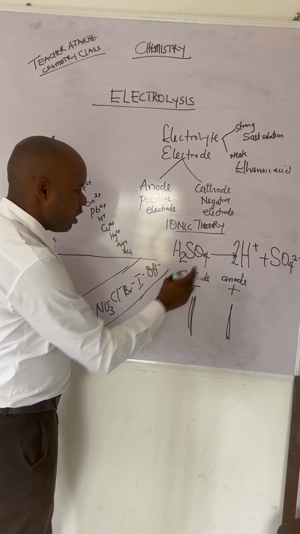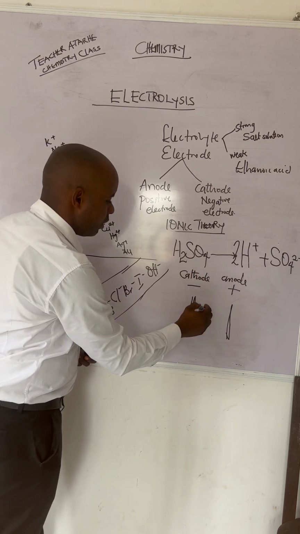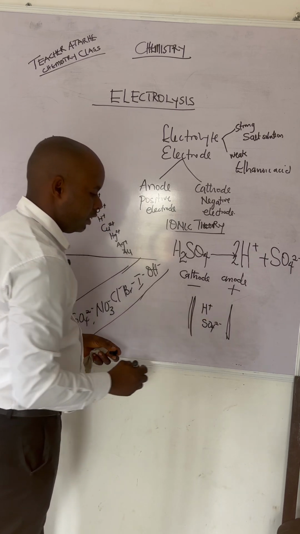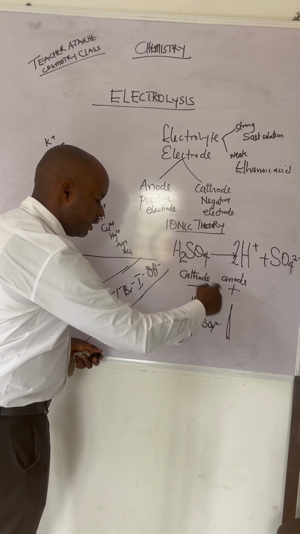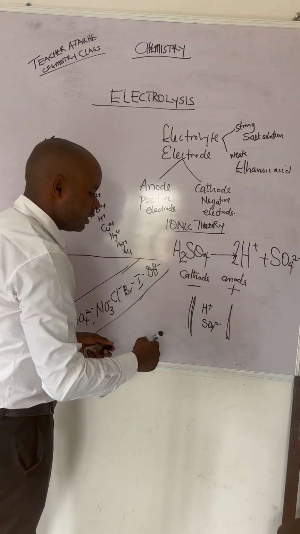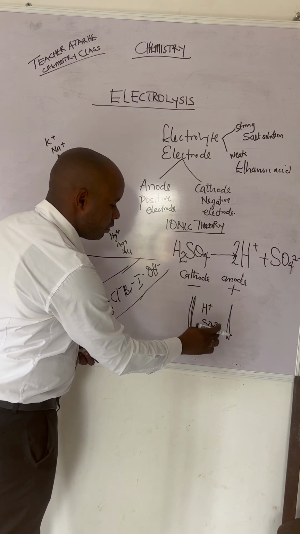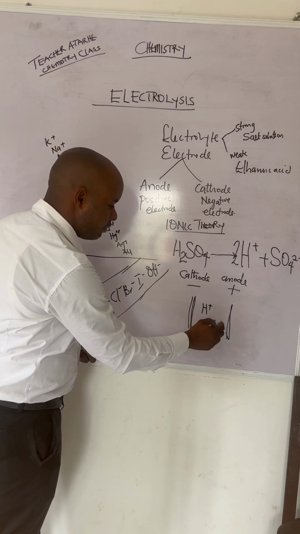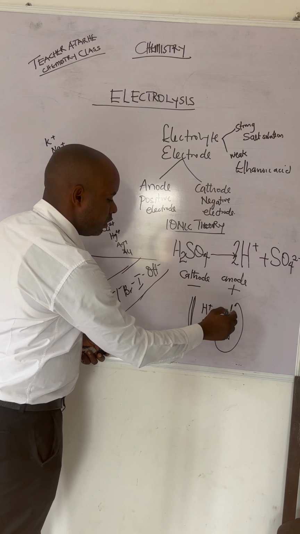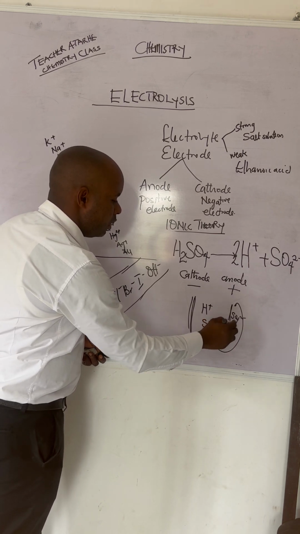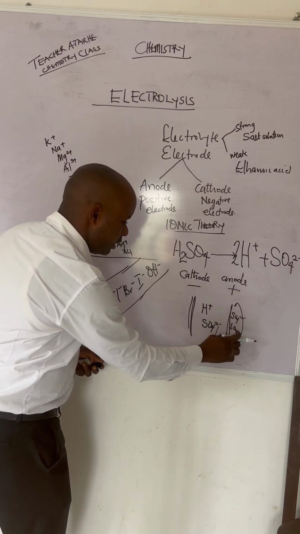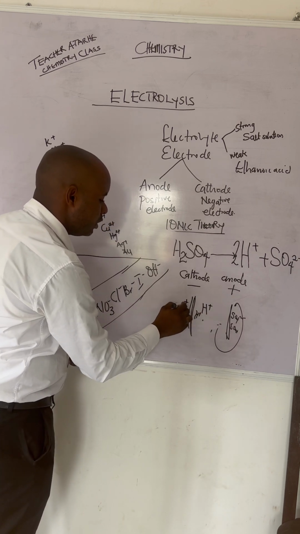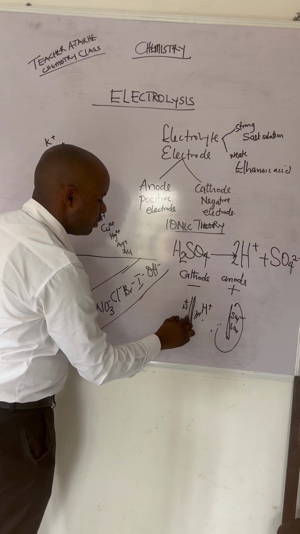We are going to have hydrogen ions and SO4 2 minus. These ions will be attracted to each of the poles. The negative ions will be attracted to the positive pole, so the SO4 2 minus will be found at this pole, while the hydrogen ions will be attracted to the negative pole.